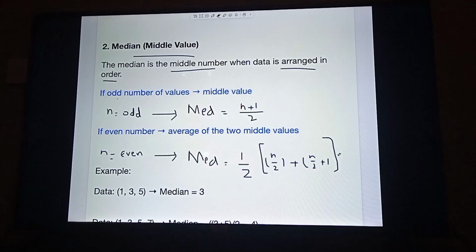You take the average in case of an even number.